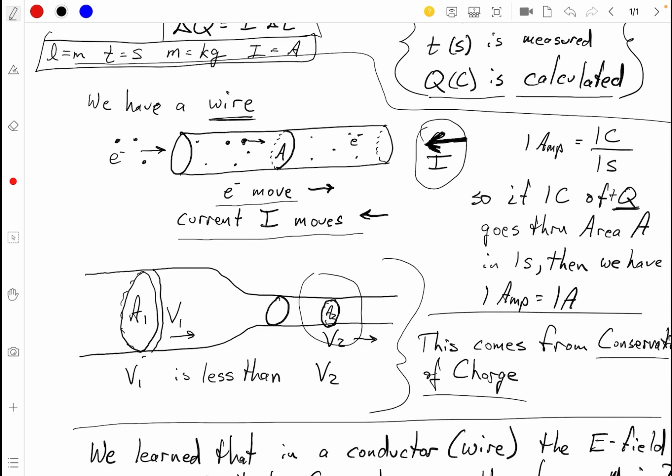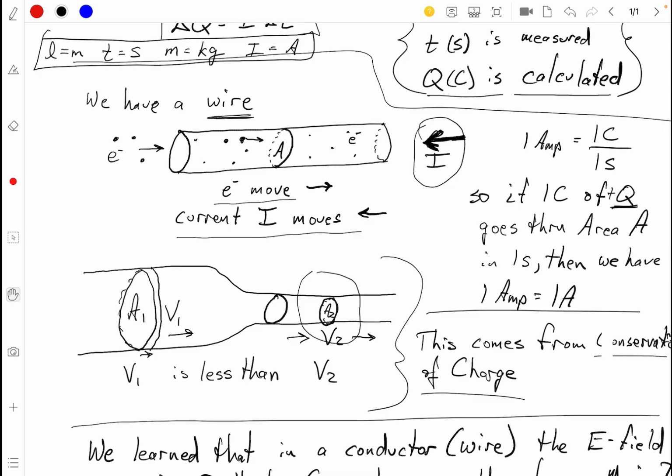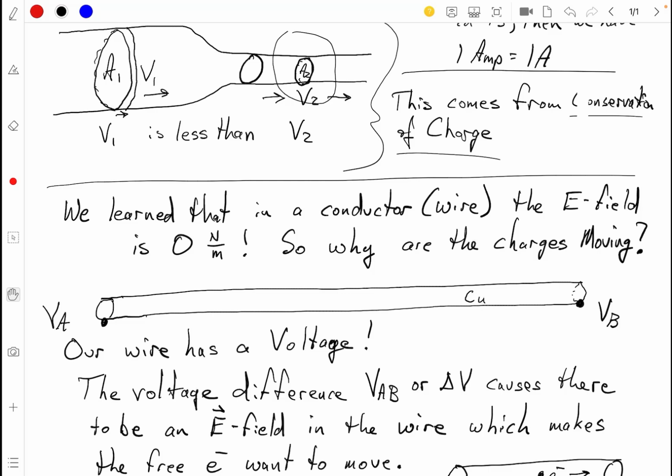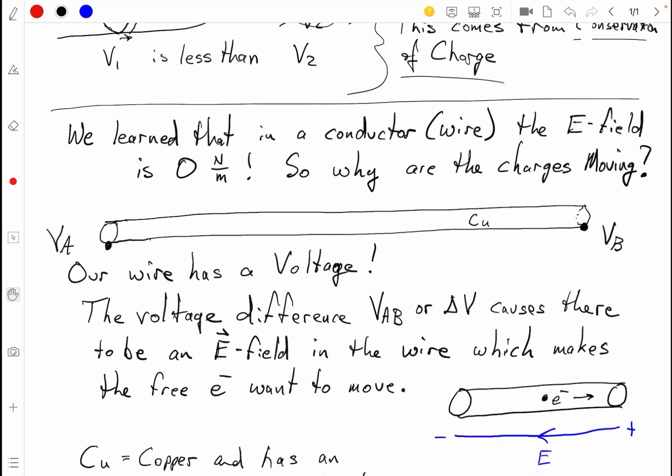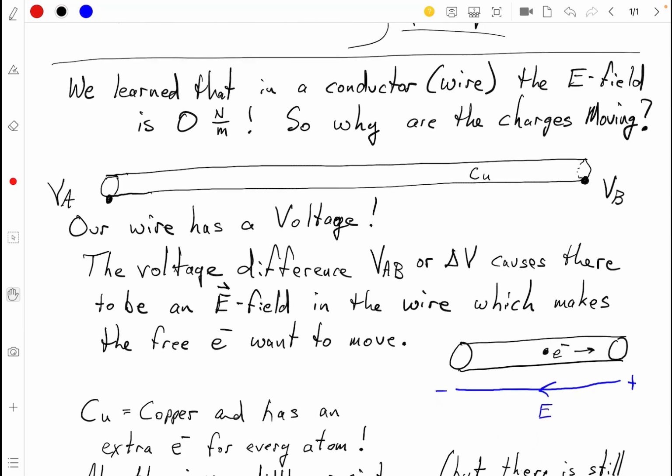So the velocity here is much less than the velocity there. V2 is larger than V1, and we'll look at that a little bit later, but that just comes from the conservation of charge.